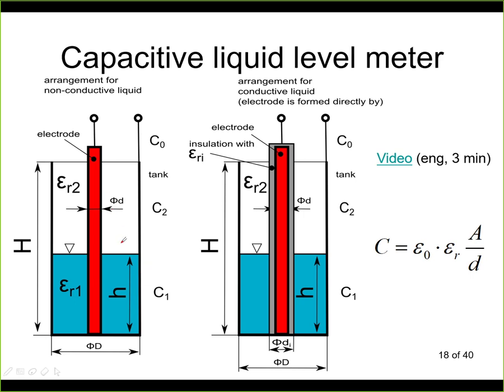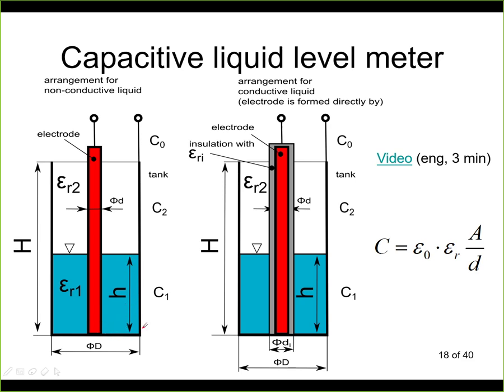In this arrangement we actually can get three capacities. The one capacity, C1, is given by the contribution of this part, of this capacitor here. In there we have this height, so this will give us the area.